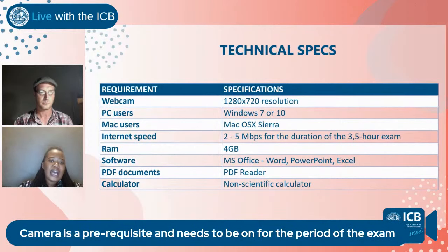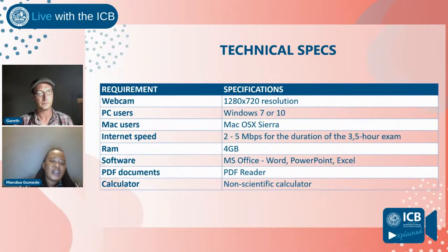Now, the other thing that's quite important is that you must not have the default camera application on your computer open, because you can only have one app using the camera.